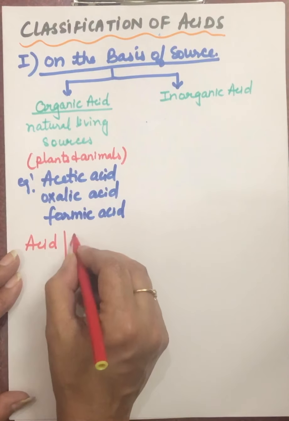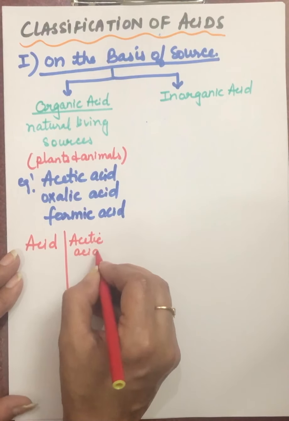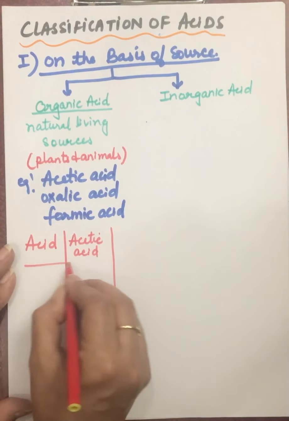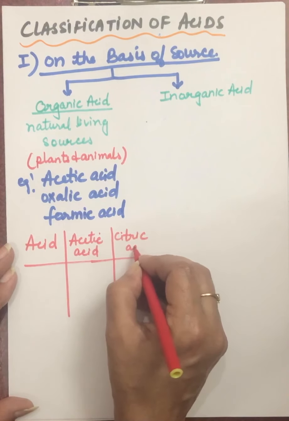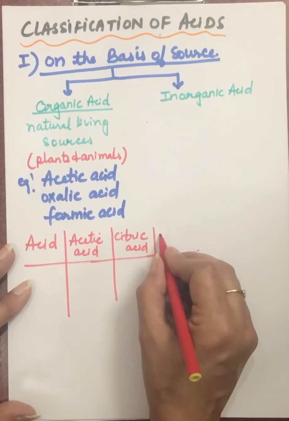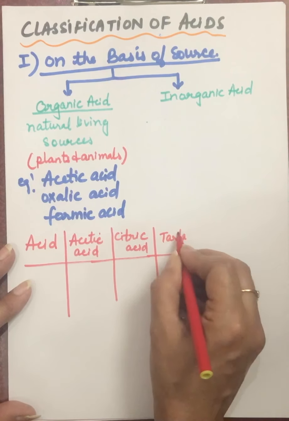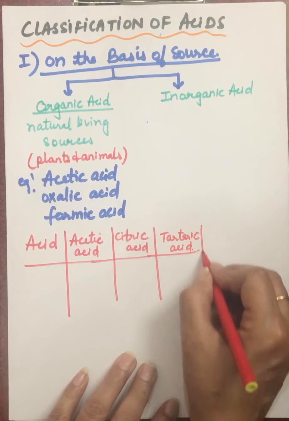So now I'm taking these acids and their natural source. First example we have taken is acetic acid. I'm taking more examples here. Citric acid. The next one we have is tartaric acid. Oxalic acid.